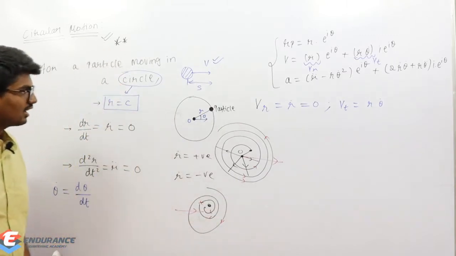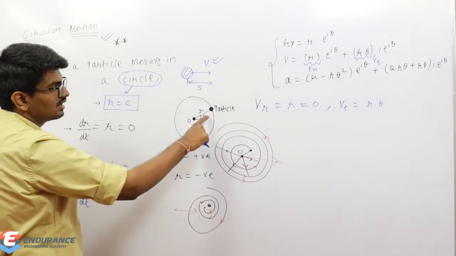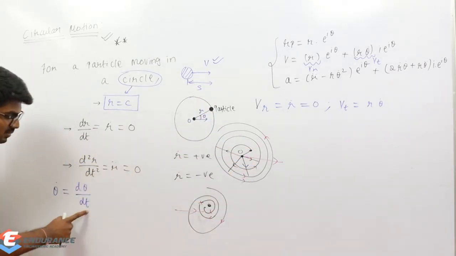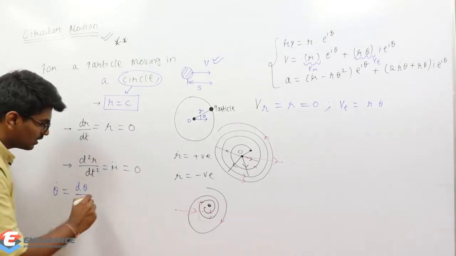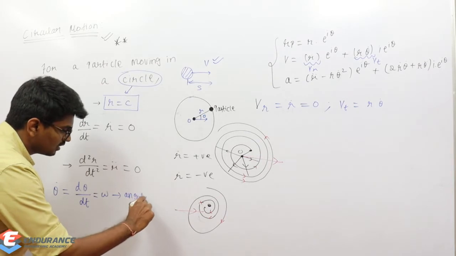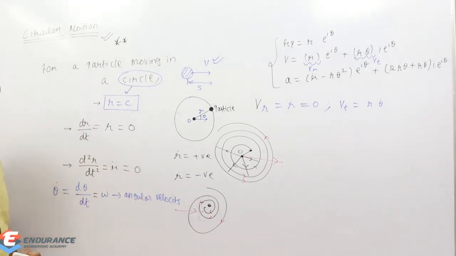Similarly, if it is moving in a circular motion, this angle is also changing. That change in angle with respect to time is nothing but angular velocity, which is represented with omega.